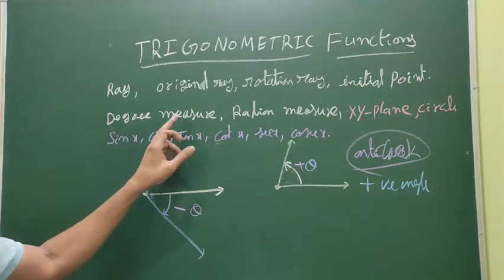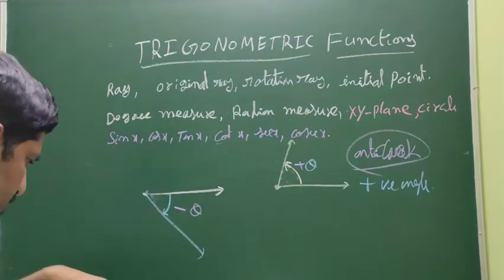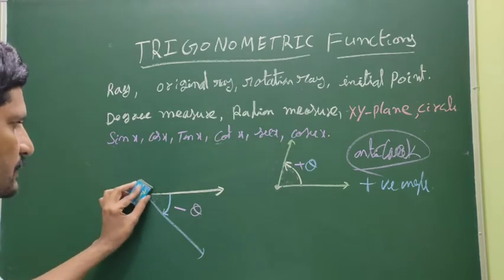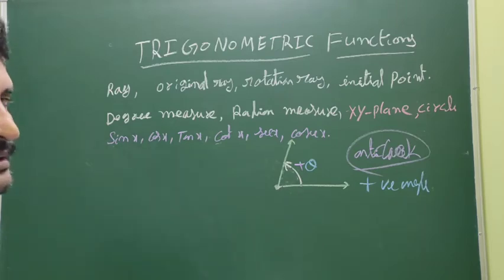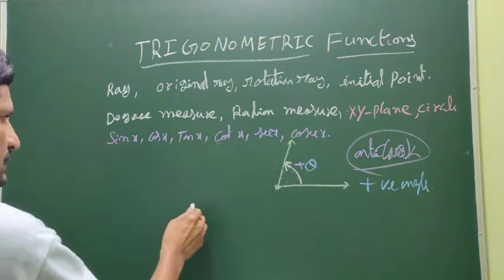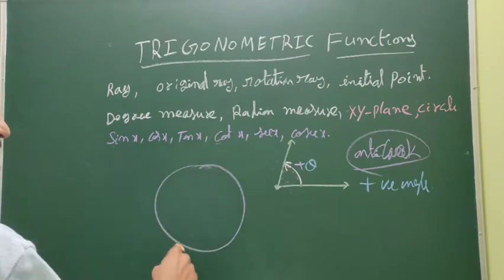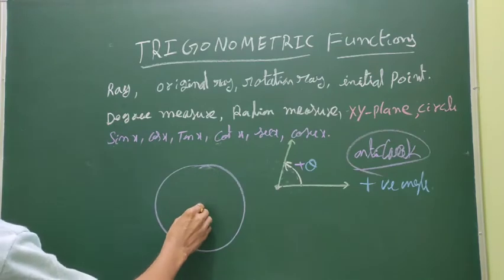There is the degree measure. The first one is degree measure. What is the degree? Observe the globe. In a circle, already you know the circle, the circle has a center point.